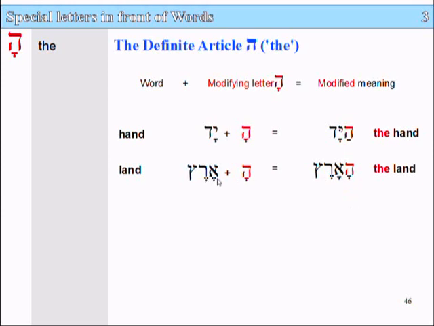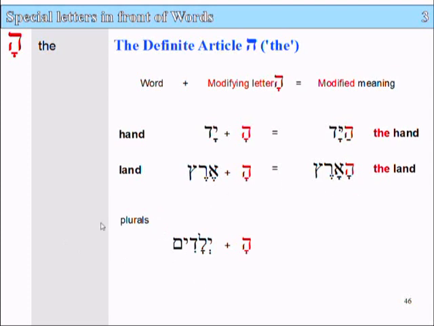Notice how the segol under the aleph has been lengthened from an eh sound to an ah sound, ha-aretz. Now we're not going to get into how that happens, but that's what it does.